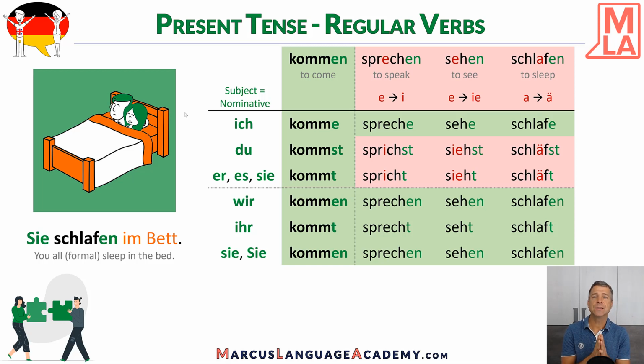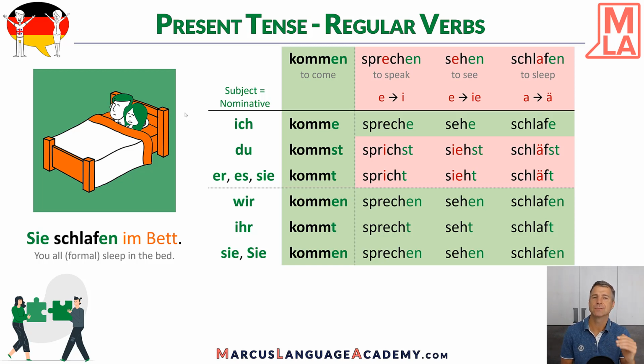So, like you see, there are three groups of irregular verbs. One changes the E to an I, the other group an E to IE, and the last group is where you change an A to A umlaut. And the interesting thing is just second and third person is irregular.